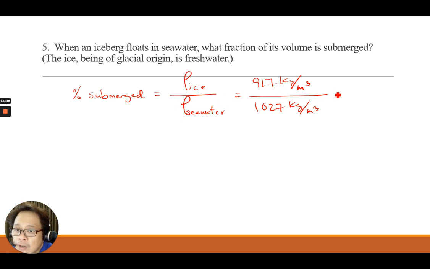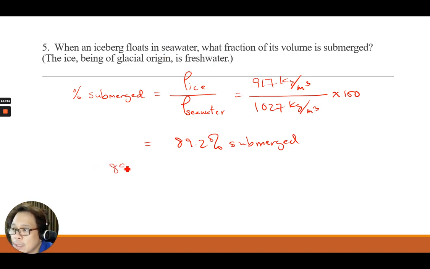So this is the specific gravity. Just multiply it by 100. You will get 89.2% submerged. But the question is asking for fraction, so it should be expressed in fraction form. 89.2 over 100, so that is equivalent to 892 over 1,000.